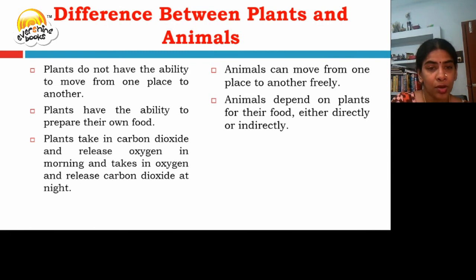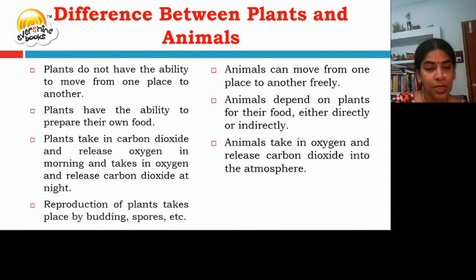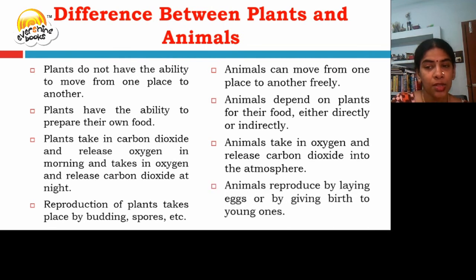Plants take in carbon dioxide and release oxygen in the morning and take in oxygen and release carbon dioxide at night. Animals always take in oxygen and release carbon dioxide into the atmosphere. Reproduction of plants takes place by budding, spores, etc. Animals reproduce by laying eggs or by giving birth to the young ones.